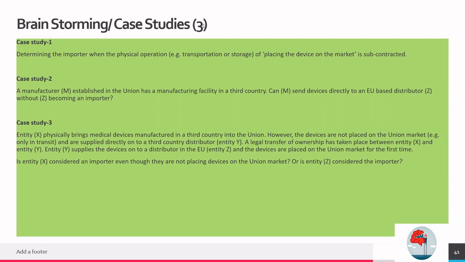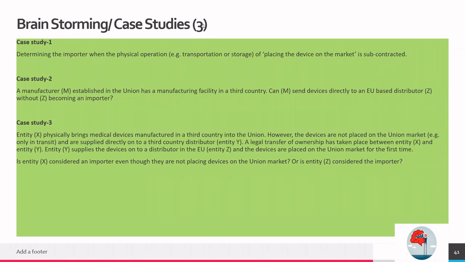In this case, entity Y acts like a subcontractor of entity X, performing the logistics to enable the placing on the market of products. So entity X is considered the importer responsible for compliance with Article 13, that is, the obligations of importers of this regulation. So the answer is yes.